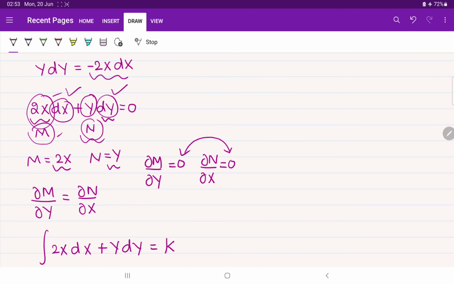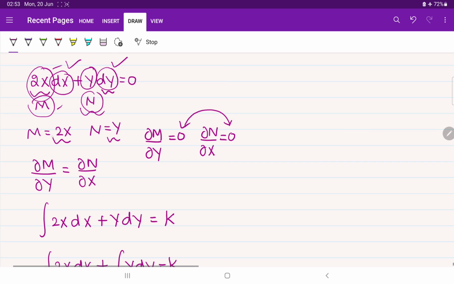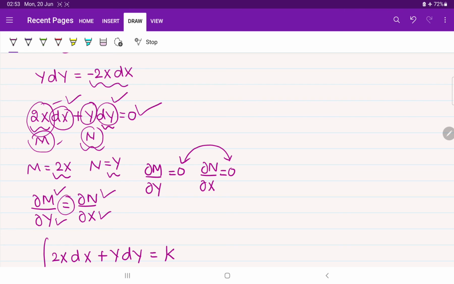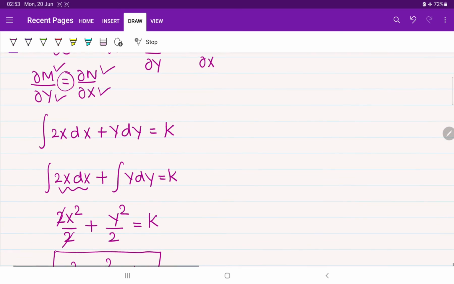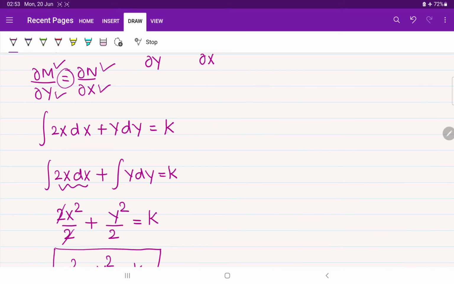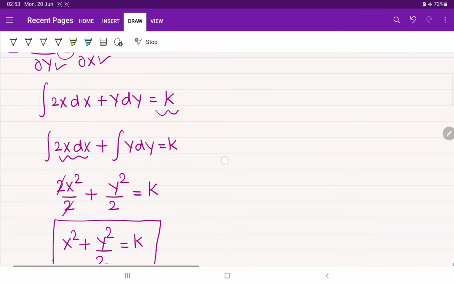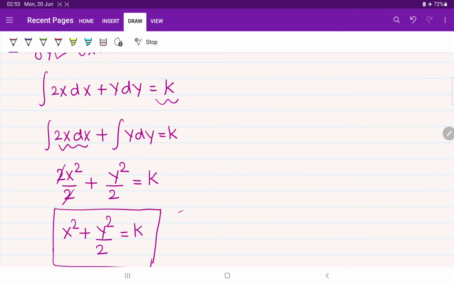Then differentiate m with respect to y, differentiate n with respect to x, and cross check whether both are equal. If they are equal, take the expression you have written, integrate it on the LHS, and on the RHS just add one constant. Complete the integration and you will get the solution.